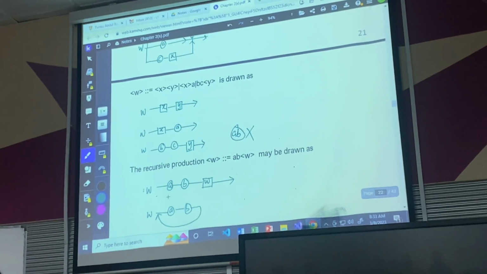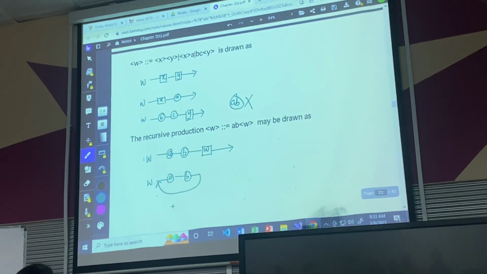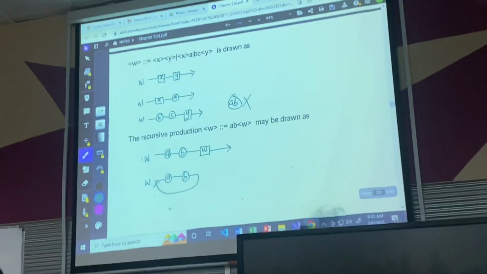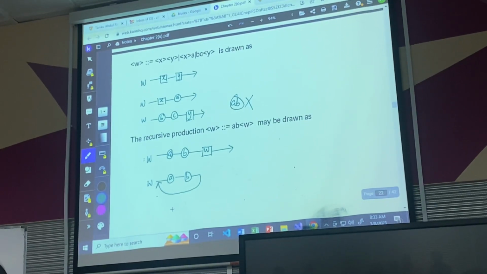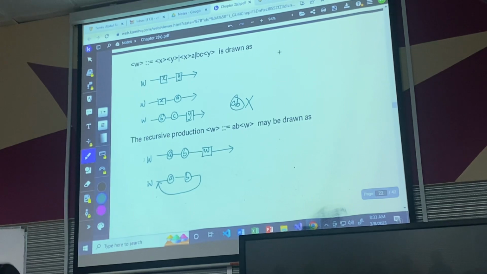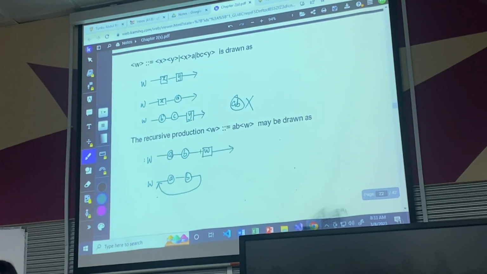This is also another way because the AB will go back to W. I draw the arrow that joins the W before the line at the left side of W. If I join at the right side, it makes it seem like B will loop back to A. So I join the arrow behind at the left of the W.